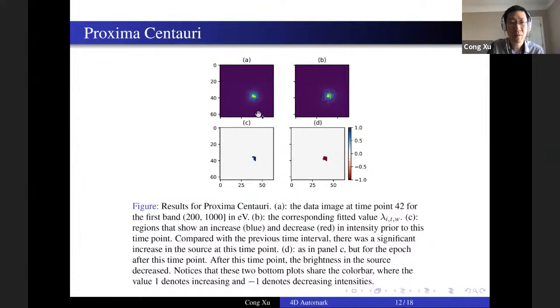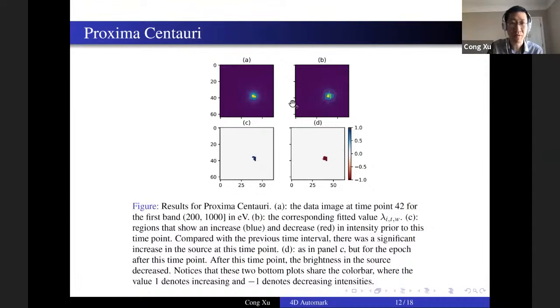So here we plot some information in one time interval. We have the real images. We also have the fitted image, which can be seen as a piecewise constant function or a segmented image. And we also detect the regions, the highlighted key pixels.